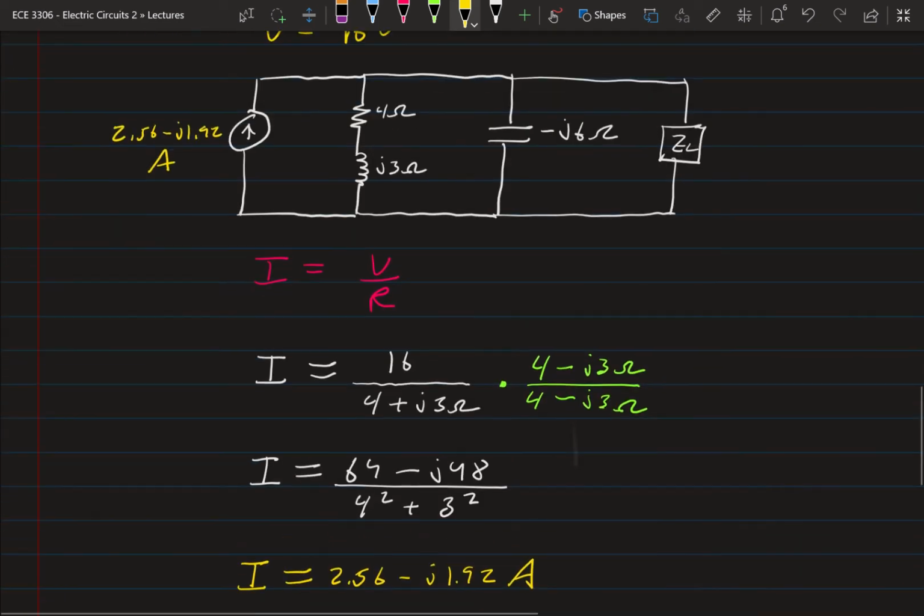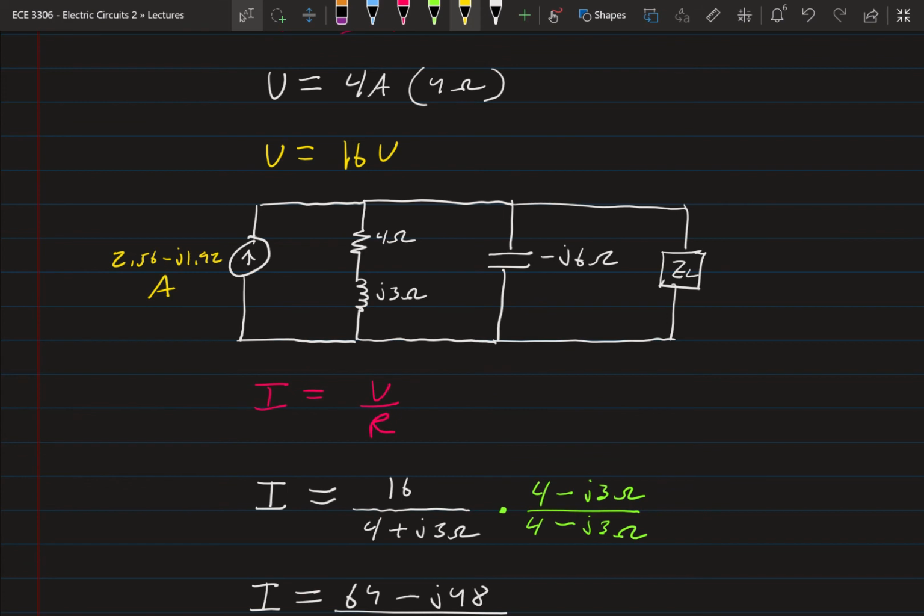Okay. Now we're ready to calculate our Norton equivalent impedance, since we have just these guys in parallel.